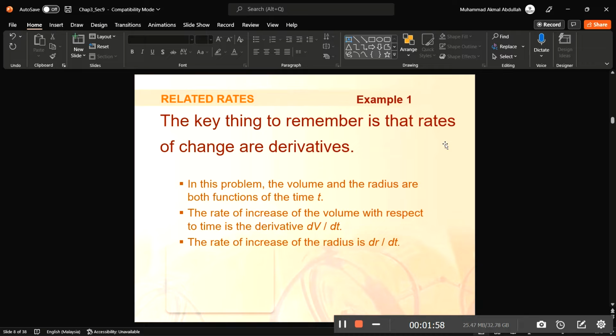Then the key thing to remember is that rates of change are derivatives. In this problem, the volume and the radius are both functions of the time t. The rate of increase of the volume with respect to time is the derivative dV over dt. The rate of increase of the radius is dr over dt.